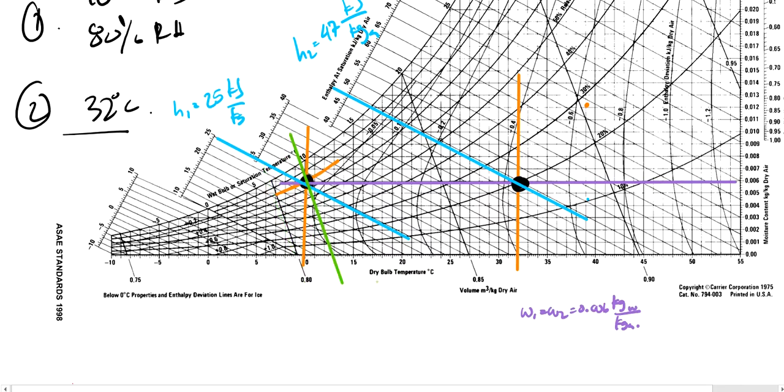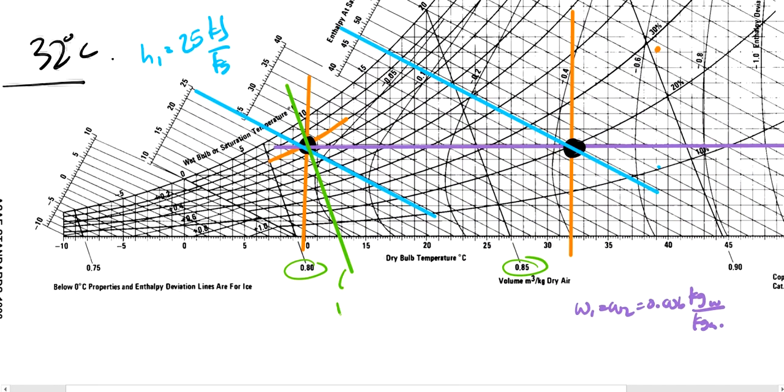So that's approximately 0.81. So this is 0.8, this is 0.85. So maybe you can say V1 is equal to 0.81 cubic meter per kilogram.